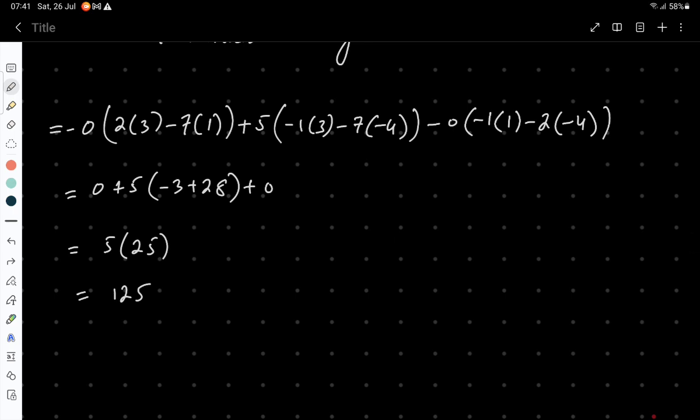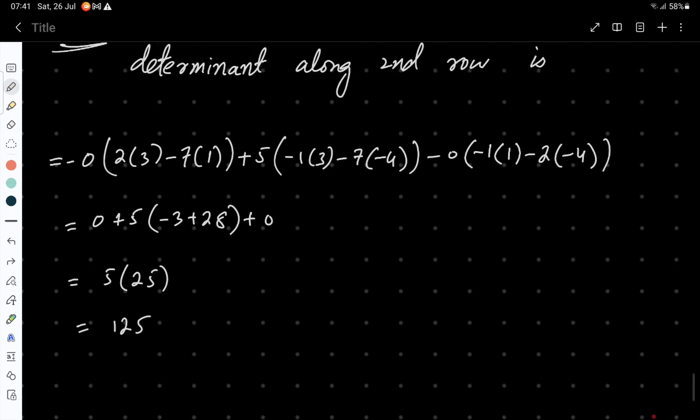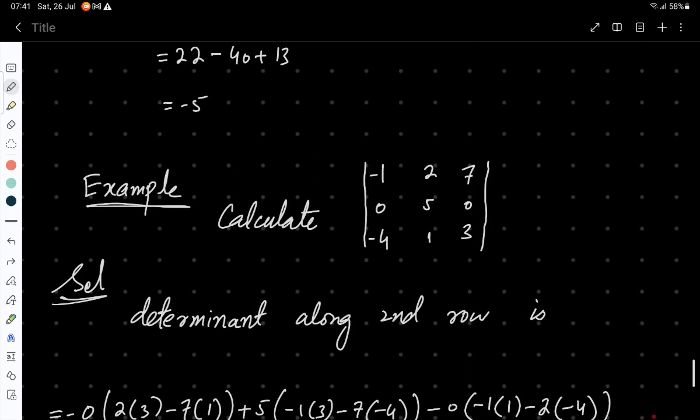So similarly you can expand determinants along any row or along any column. You will get the determinant. The good thing is that whether you expand the determinant along any row or any column, you will end up with the same result. For example, I have calculated the determinant of this matrix along this row.